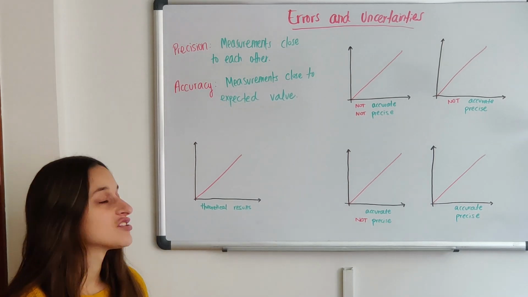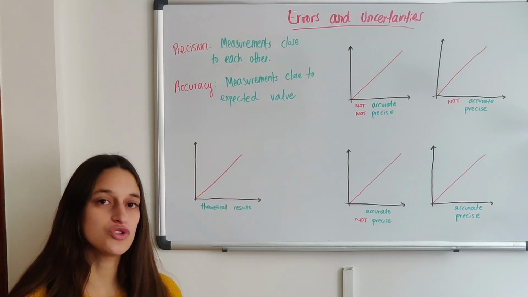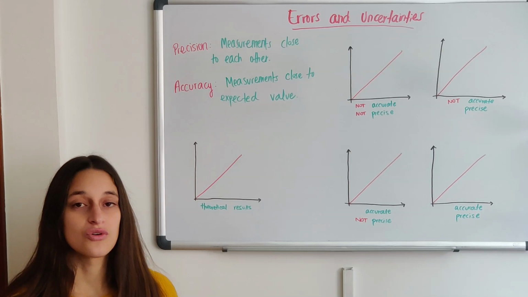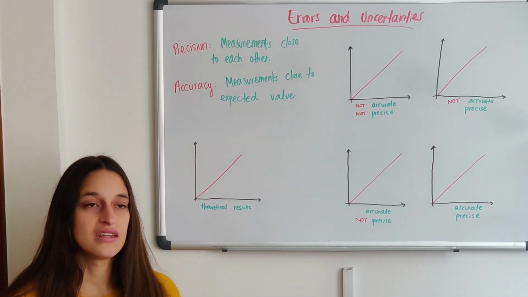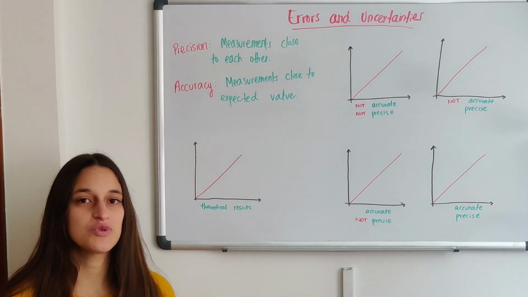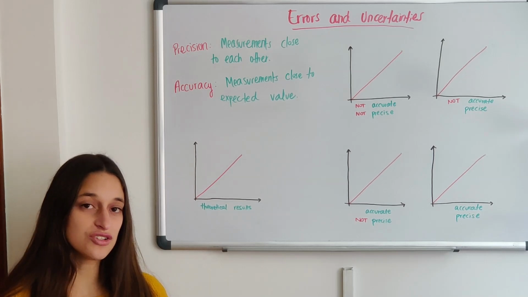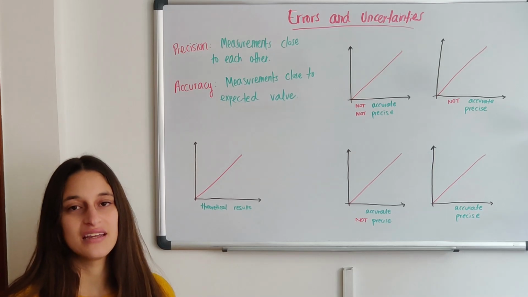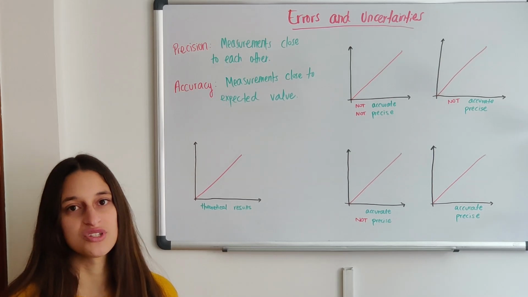The second term is called accuracy. Accuracy is when measurements are close to the expected value or to where you wanted them to land. So in the example of throwing darts at a target, your experiment would be highly accurate if all of the darts land very close to the center, to the bullseye, or if they land all around it and on average their average location is the bullseye.